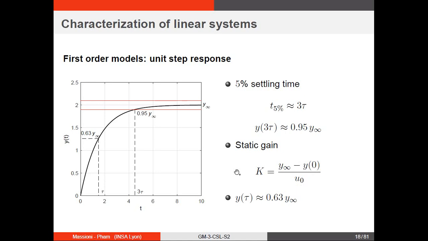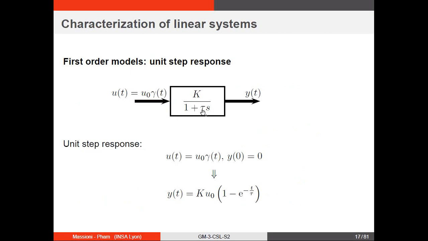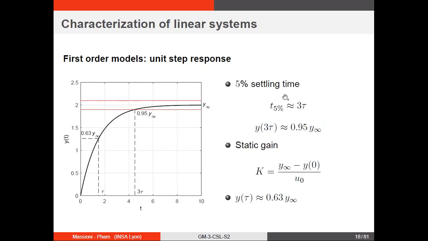Then the settling time depends on the time constant tau, the coefficient multiplying the s when you have a 1 at the denominator. This is called the time constant because the 5% settling time, when you enter 0.95 times y infinity, is approximately 3 times tau, a very good approximation.